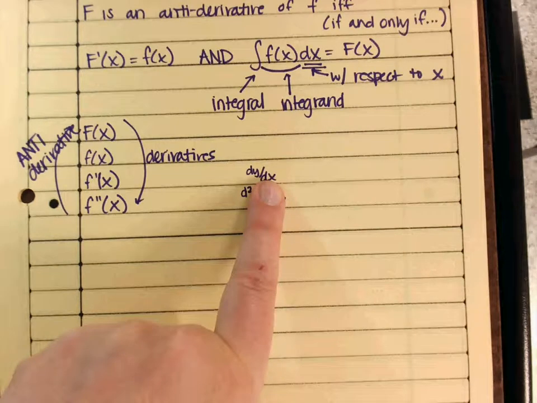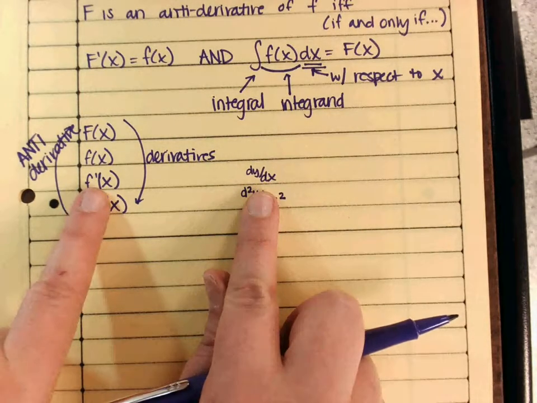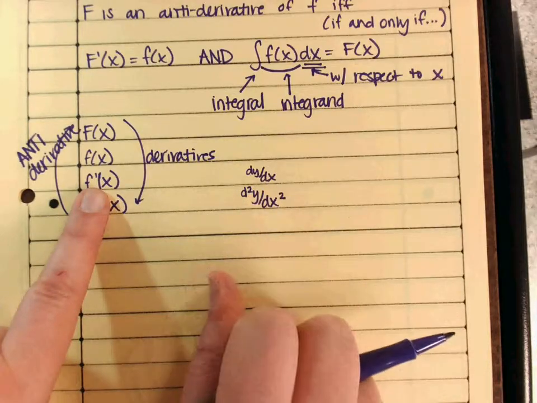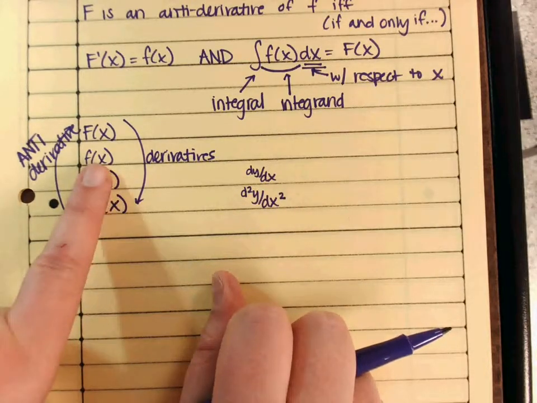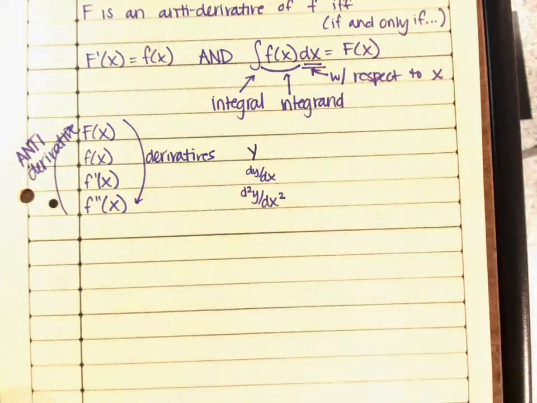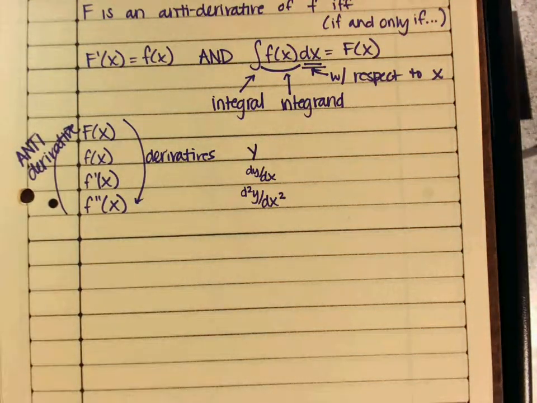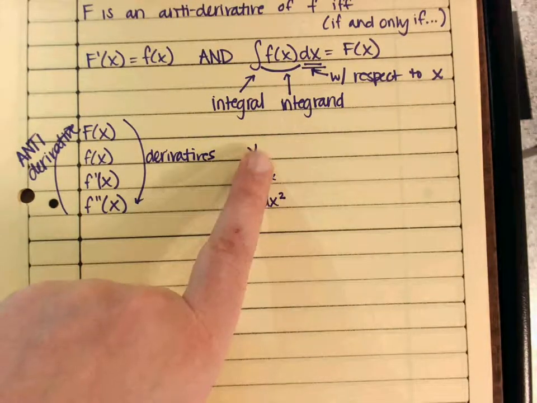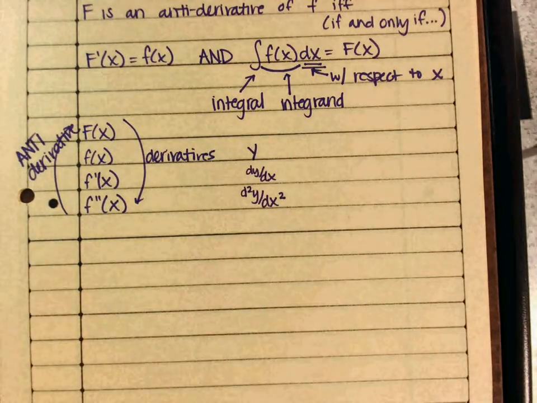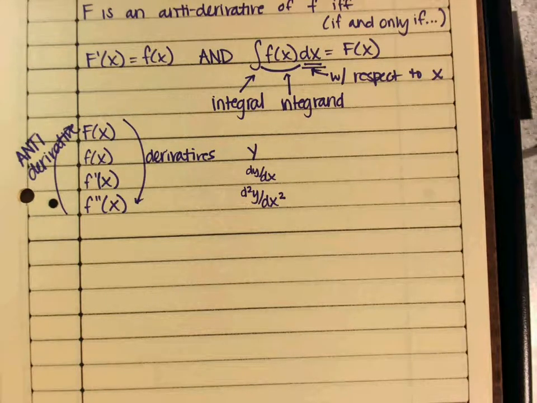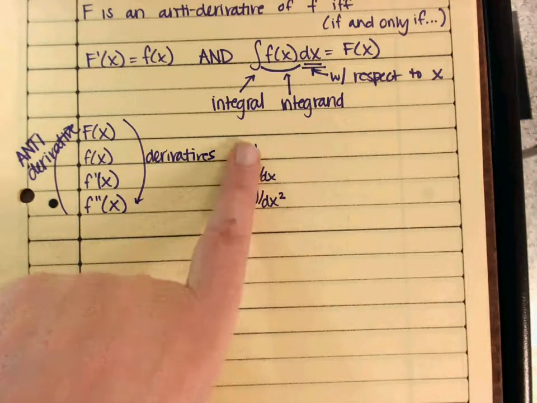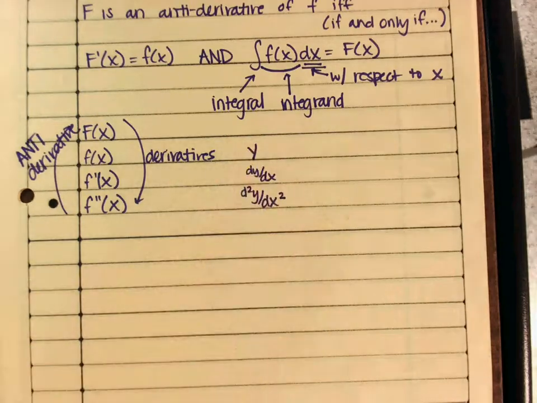Dy dx, right? Now, if dy dx is f prime, what is the antiderivative of f prime? It would be f or y. Very good. So if you have y, the derivative is dy dx. Second derivative is d squared y dx squared. Now, you will not normally see somebody go from y to a capital Y. That's weird. You could see it, but it's very unlikely. So usually in this notation, you'll start with one of these and be going up to y. Okay?